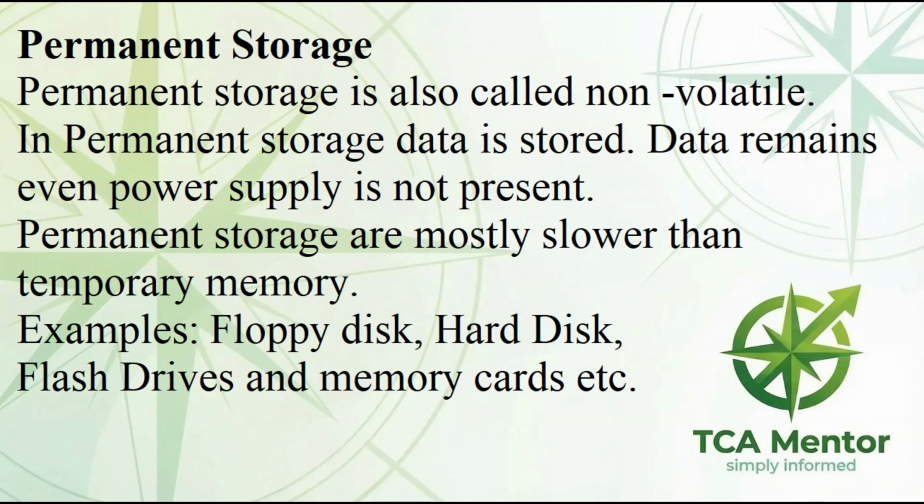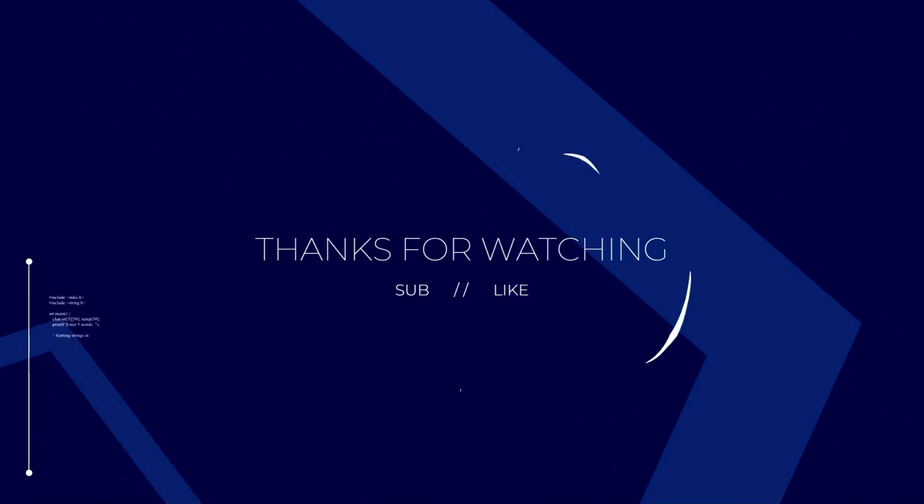Permanent storage. Permanent storage is also called non-volatile. In permanent storage, data is stored permanently. Data remains even if power supply is not present. Permanent storage are mostly slower than temporary memory. Examples, floppy disk, hard disk, flash drives and memory cards, etc. are some examples of permanent storage.